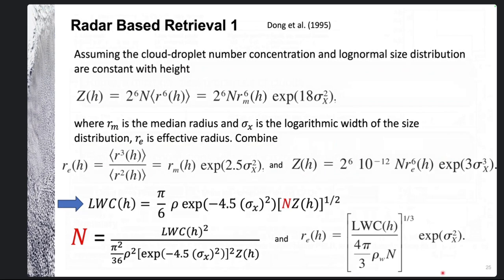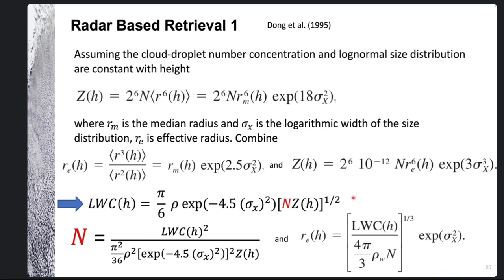At the very beginning, I used the radar-based retrieval based on Dong's paper in 1995. They assume the cloud droplet number concentration and size distribution are constant with height, and they find the relation between the size distribution, number concentration, and the radar reflectivity.